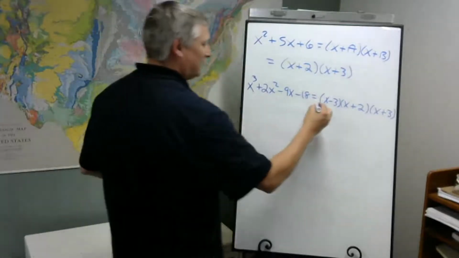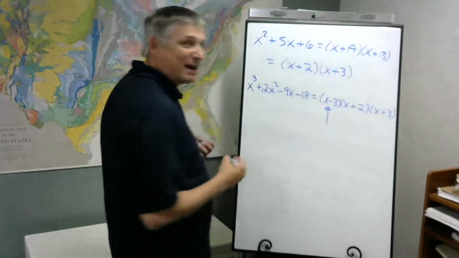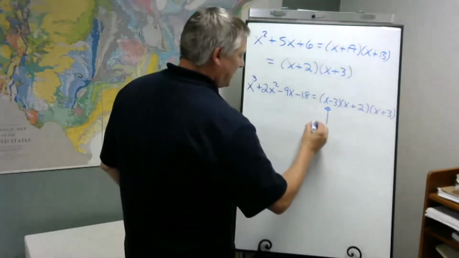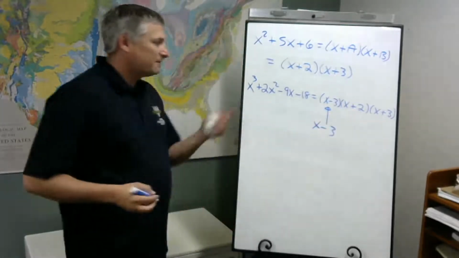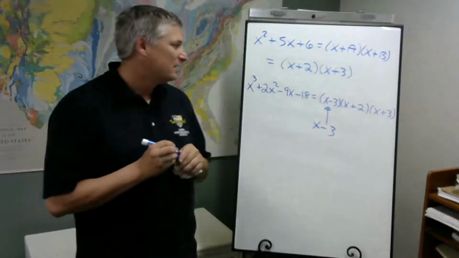So all this was really possible because we knew that x minus 3 was a factor of this.